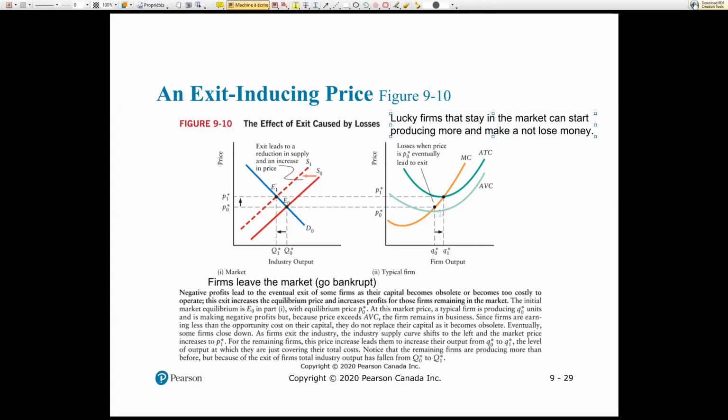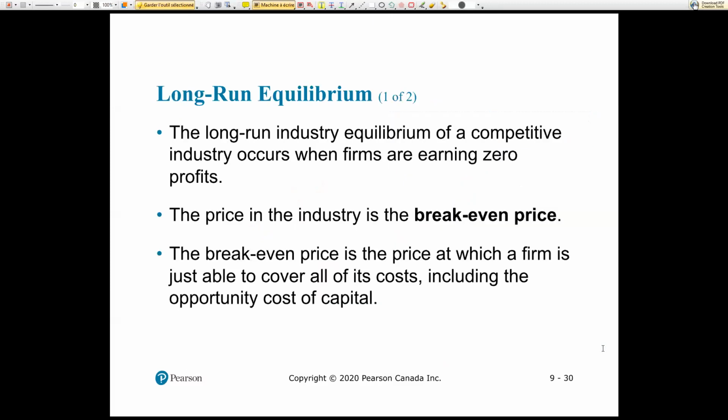So the price of the industry is the break-even price, at which profit is 0. So they're just able to cover all of their costs, including the opportunity cost of capital. That means what they have to pay back to the bank in interest if they had to borrow to start producing, for instance.